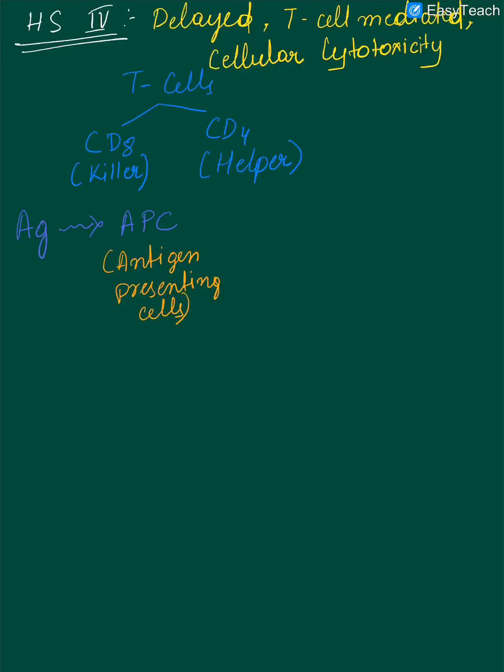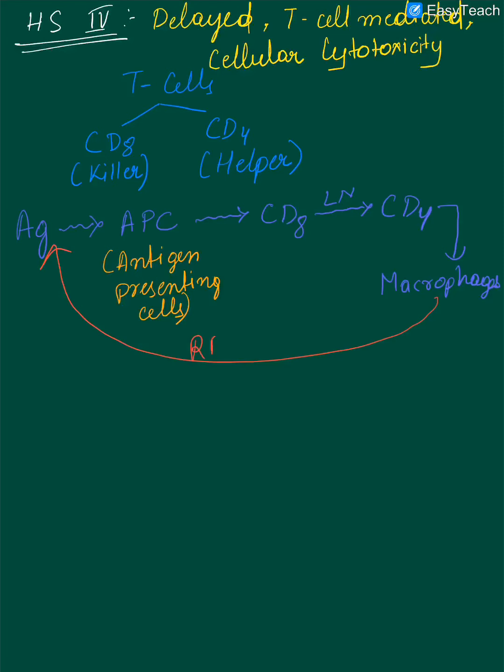Then from here, the APC goes to the CD8 or the killer cells. Then through the lymph node, it goes to the CD4. Then the CD4 leads to the macrophages. And again the same thing, this macrophage will remove this antigen, as was the case in the hypersensitivity type 2.